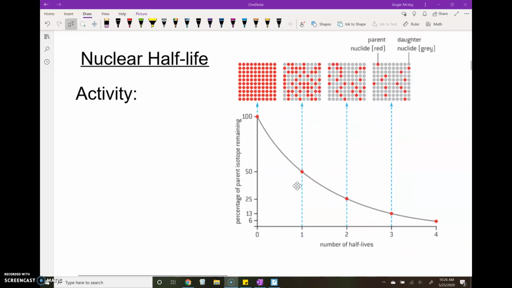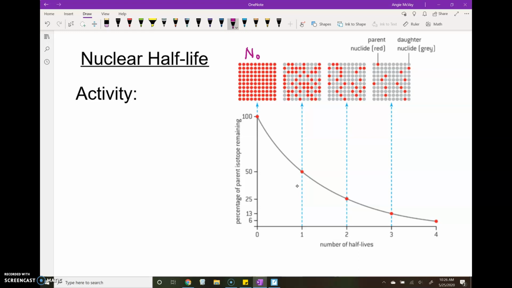What you would have noticed is that you would start off with all of your parent nuclei, and we label parent nuclei when we're talking about half-lives and decay as N sub naught, the original number of parent nuclei.